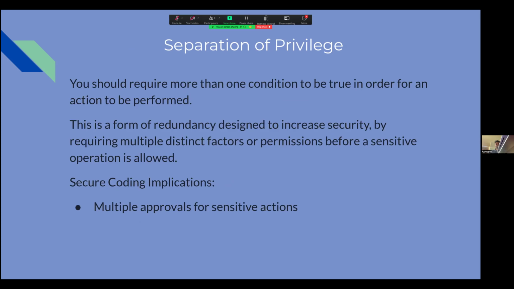Okay, so I'm going to talk a little bit about separation of privilege. It's quite self-explanatory. For any sensitive action to be performed, you need more than one condition to be true. This is a form of redundancy, but it also increases the security of the product by requiring multiple distinct factors. Some examples could involve having multiple approvals for sensitive actions.